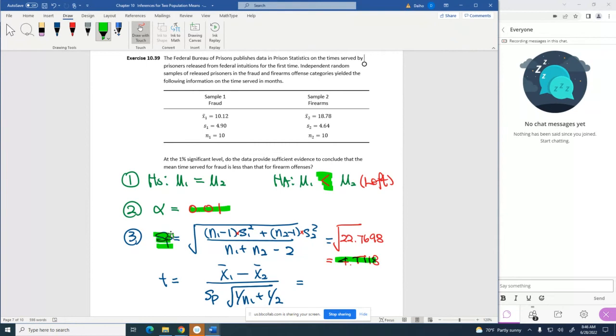Try again. You have to take the square root; 4.9 is squared. Yes, 4.77. Oh, I see. Okay.